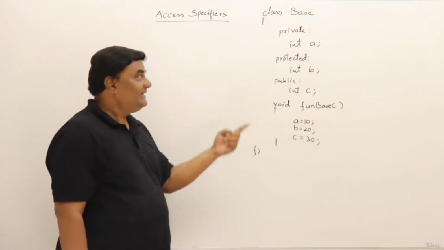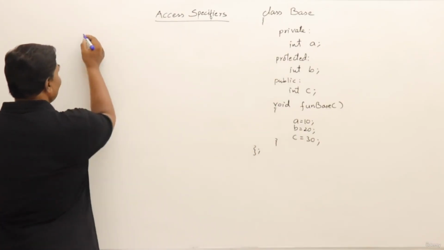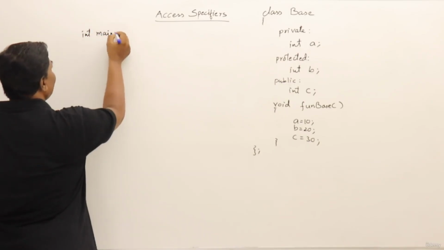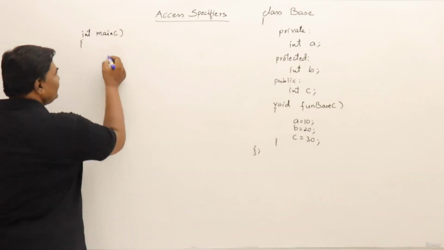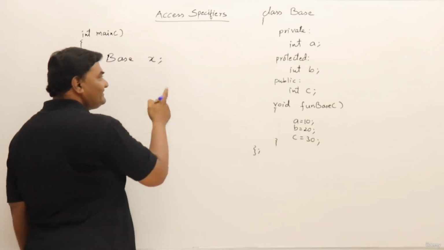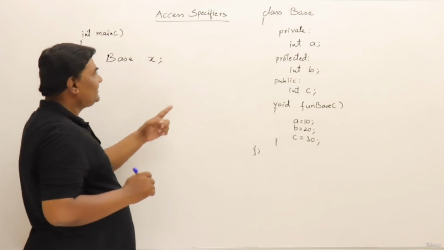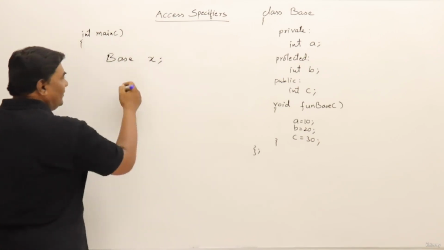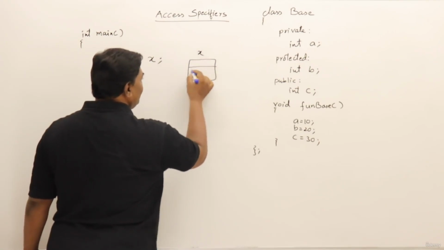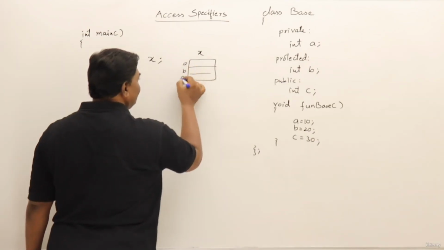Now, I will create the object of base class. Inside the main method, I will create the object: base x. X is the name I am taking, the object of base class. Now what is x having? This x is having three things: a, b, and c.